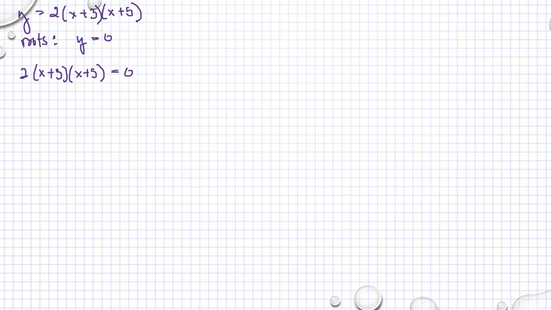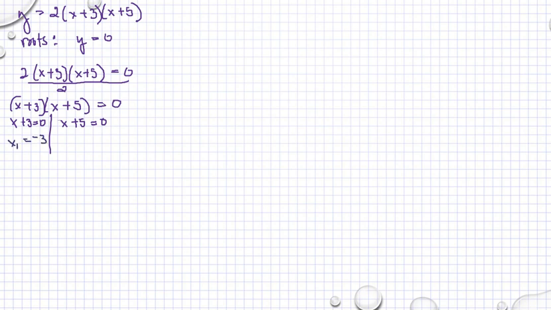If we divide both sides of the equation by 2, then we have only x plus 3 multiplied by x plus 5 is equal to 0. Then x plus 3 is equal to 0, x plus 5 is equal to 0. Then our x sub 1 is equal to negative 3, and our x sub 2 is equal to negative 5 if we solve those equations.